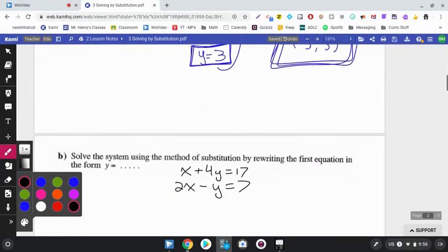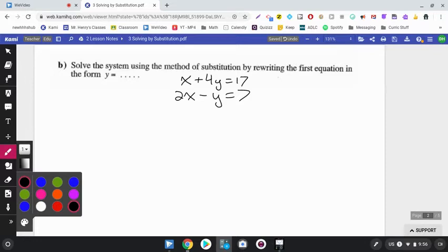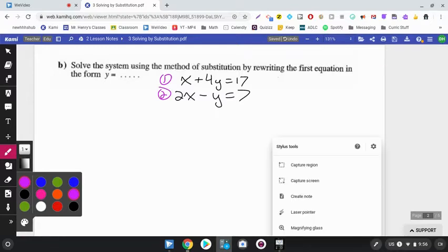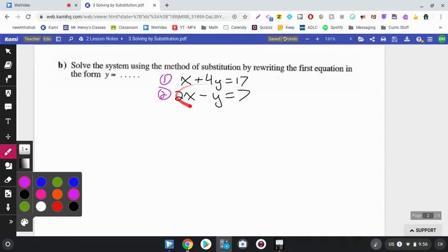Same problem. Here's how we could do it a different way. I have equation 1, I have equation 2. It says, well, why don't we rearrange the second equation to y equals? And I say, okay, that's pretty easy because I just have to move the y over, move the 7 over. It's not that bad. Maybe not as easy as rearranging for x, but I guess I could do it.